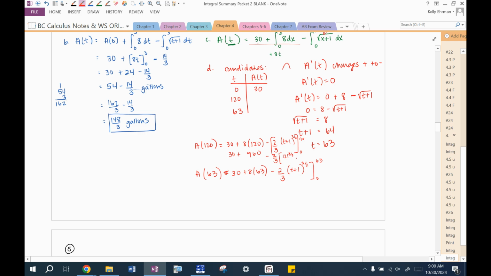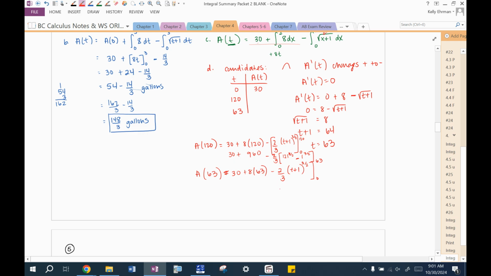And then minus 1 to the 3 halves. If you're taking 2/3 of that, you're definitely getting something less than 960. So this is definitely going to be a positive number.